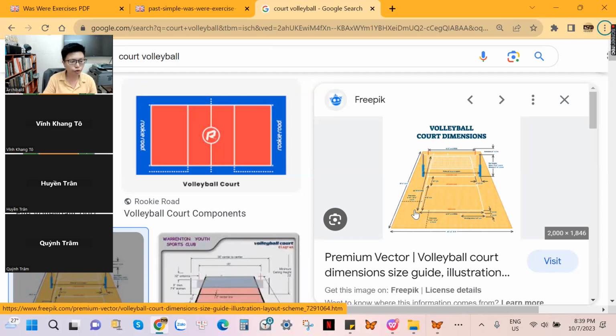They use the word peripheral range. It means the allowed area outside the rectangular in the court.